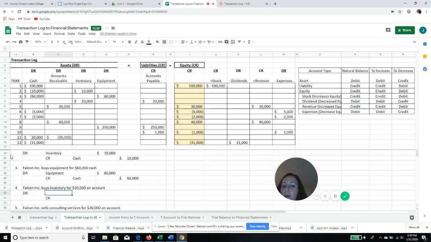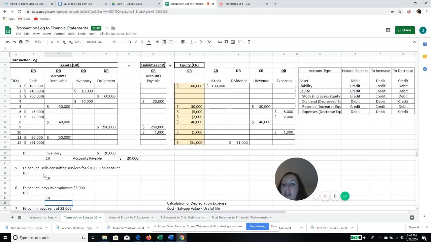Transaction number 4. We purchased inventory on account. So we increased inventory with a debit. And then we also increased accounts payable. Accounts payable is a liability, and we increase a liability with a credit. Okay, our debits equal our credits. Let's move on.